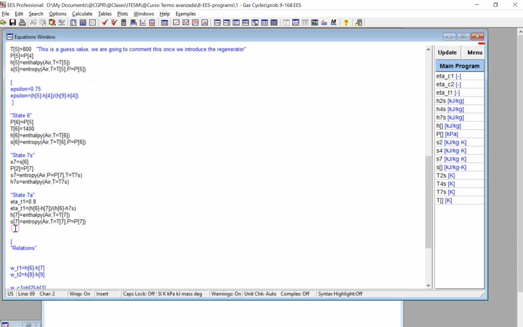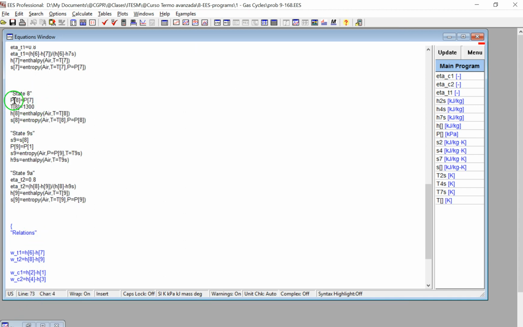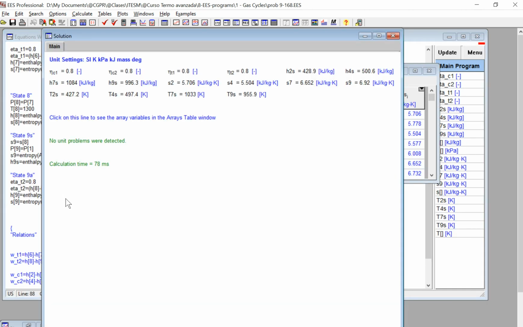We're going to do the same thing for state 8, which is the definition of the inlet of the second turbine, state 9S and 9A, since right now it's a little bit repetitive. Now you can see that we have state 8, 9S and 9A, and if we press F2, we're going to solve everything.